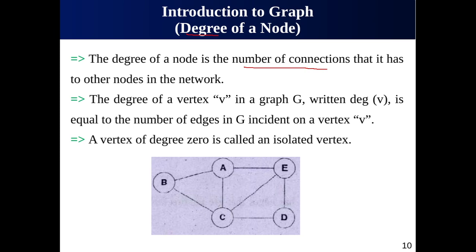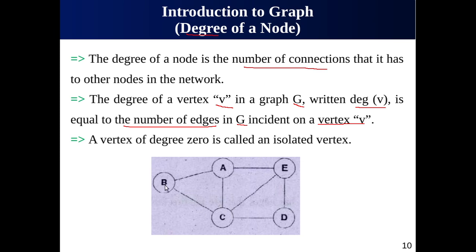In other words, the degree of a vertex V in a graph G, written as deg(V), is the number of edges, the number of links, the number of connections in this graph incident on a vertex V. If the definition is a bit tricky, let us see an example.